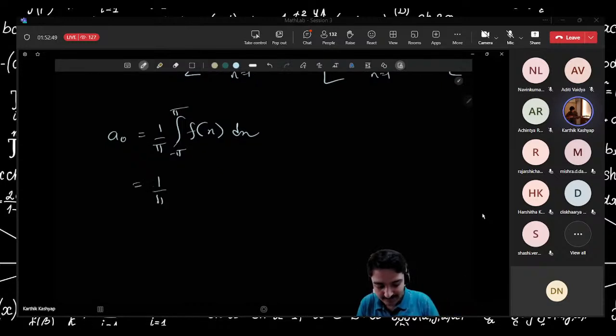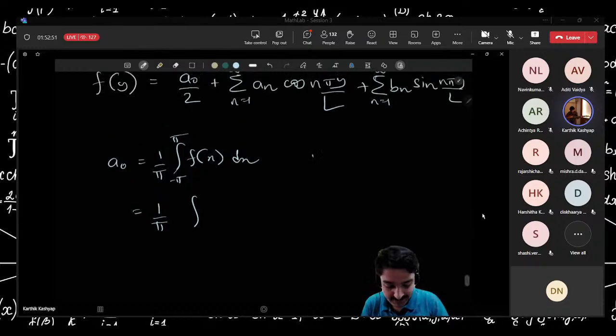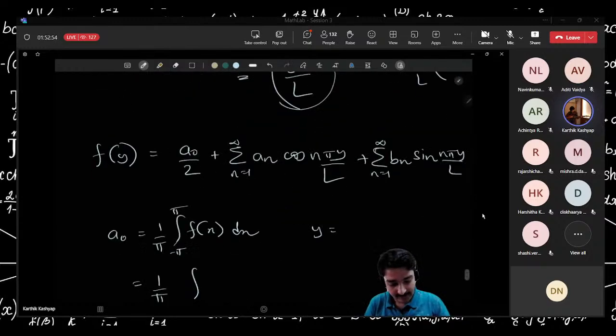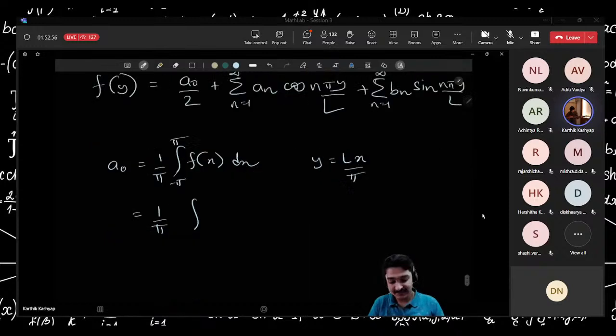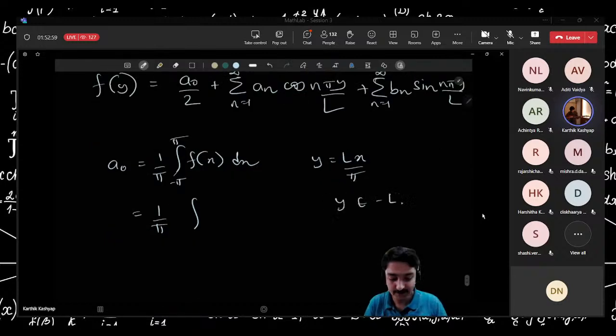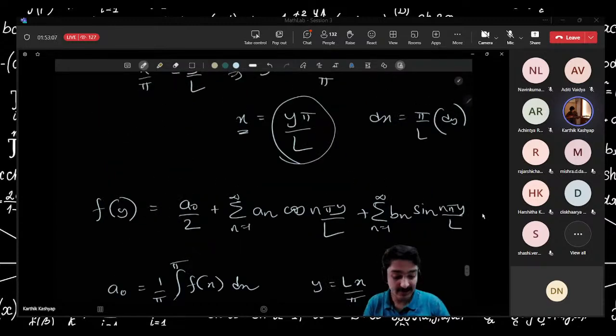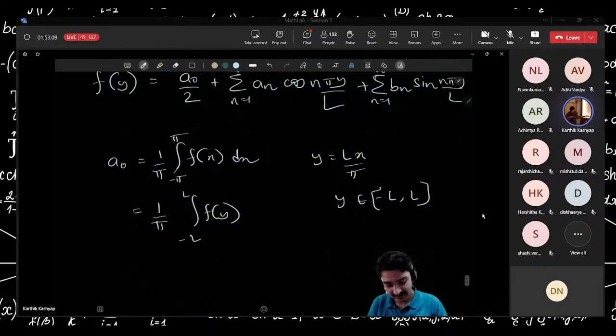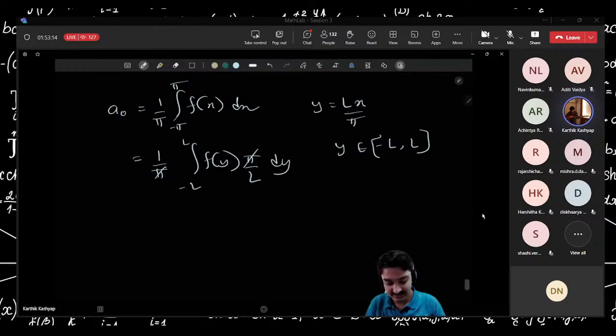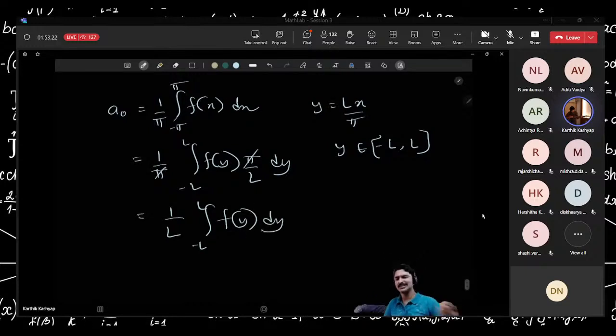So 1 by pi times the integral, the limits change again. y is equal to Lx by pi, so as x is from minus pi to pi, y is from minus L to L. So the limits are minus L to L, f of y, and dx we have seen here to be pi by L times dy. So we can just cancel this and take 1 by L outside, integral from minus L to L, f of y dy. So it is almost the same, it's just pi is replaced by L everywhere in the coefficients.